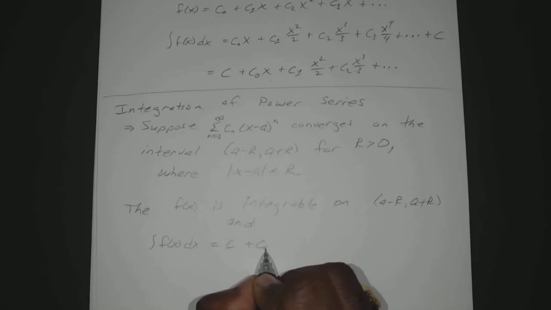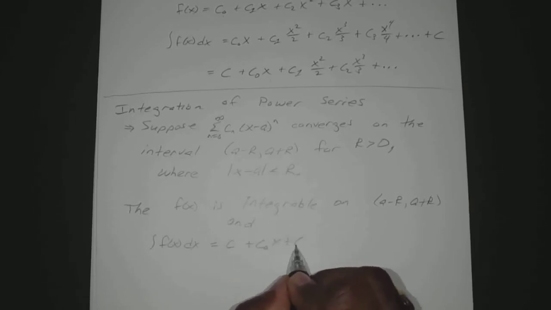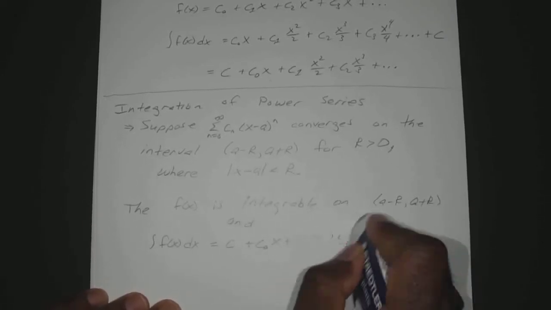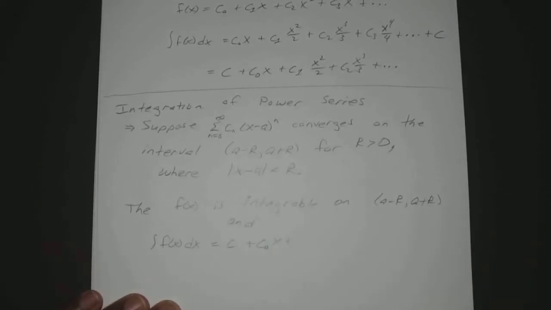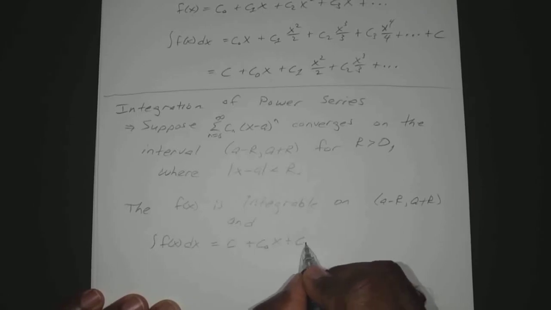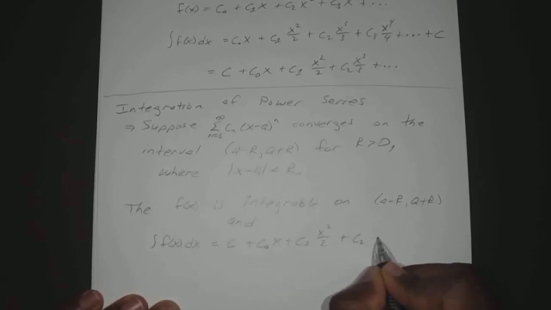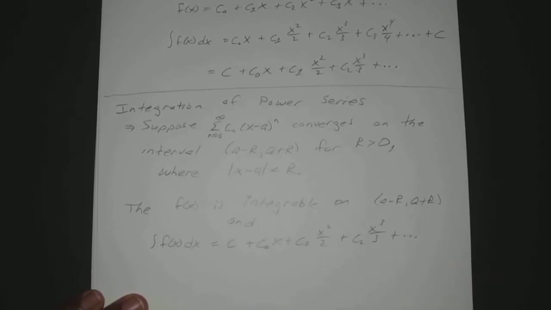C plus c0 x plus c2 x squared plus c... Oh, did I miss one? Yep, I skipped c1. I knew something didn't look right. c1 x squared over 2 plus c2 x to the third over 3, and so forth and so on.